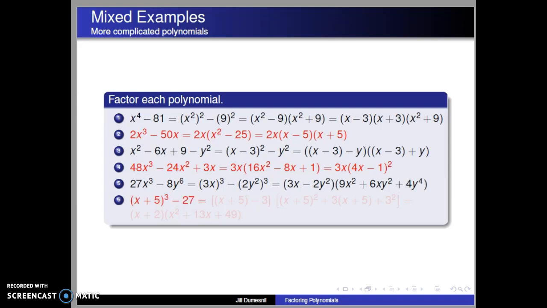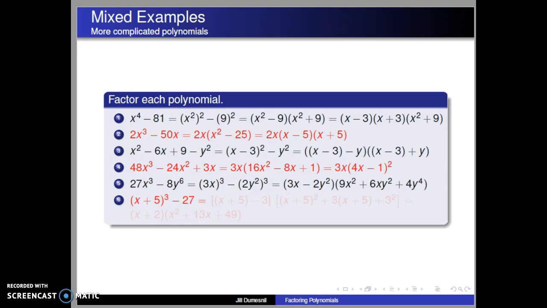For our final example, let's factor x plus 5 cubed minus 27. Again, we have another difference of cubes with first base x plus 5 and second base 3.